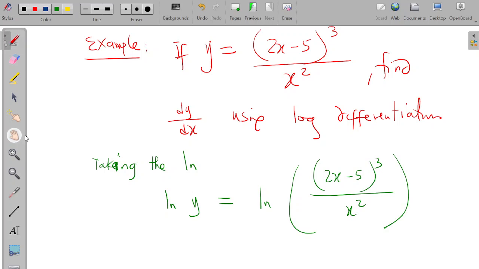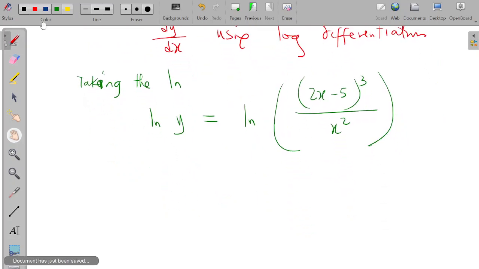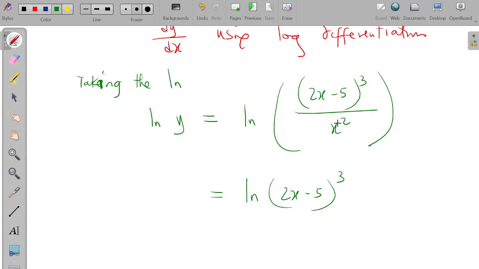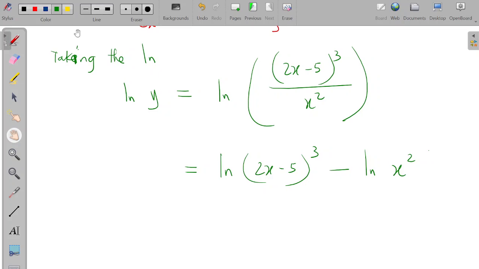Now, what is the next thing to do? The next thing is to simplify this right-hand side using the properties of logarithm. The log is on both of these, so I need to have this first and then separate it from this, but because this is a division, it becomes a difference.